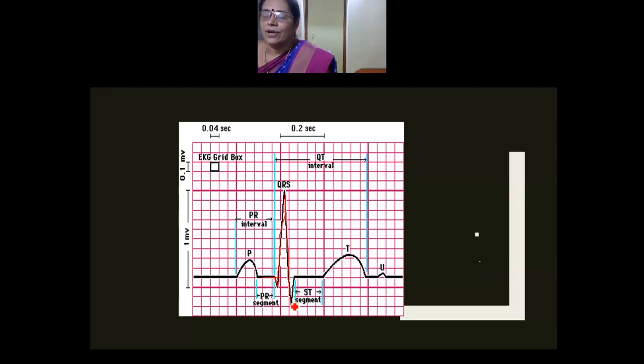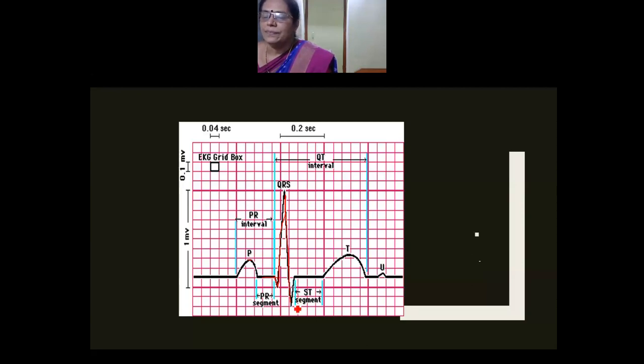This wave is called the QRS wave. This is the P wave. Here the P wave is produced, and here the QRS wave. It is due to the ventricular depolarization, that is due to the contraction of ventricle.